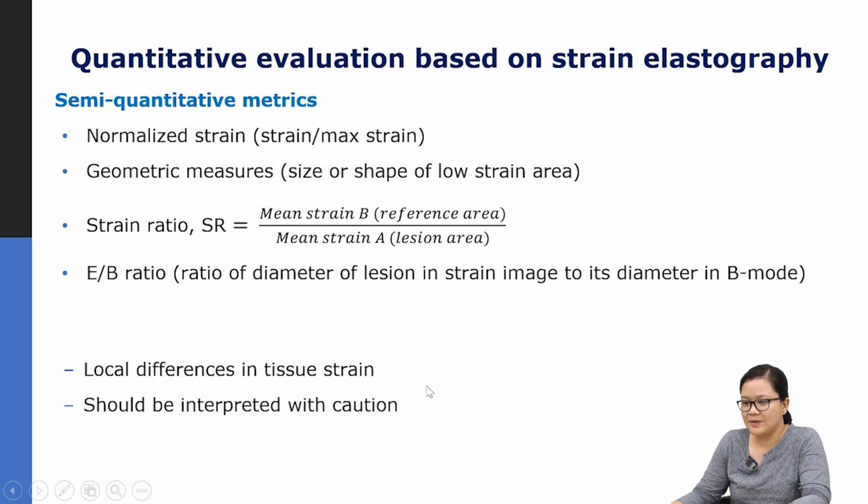These measures are being used today. However, one should note that these strain measurements only look at the local differences in the strain within one strain image. So it's very challenging to compare these types of metrics from one patient to the other. To interpret these, it should be done with caution.